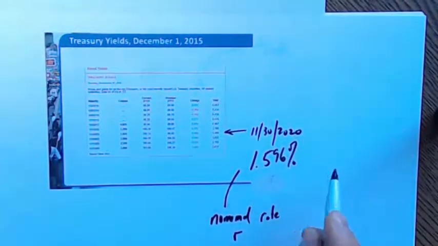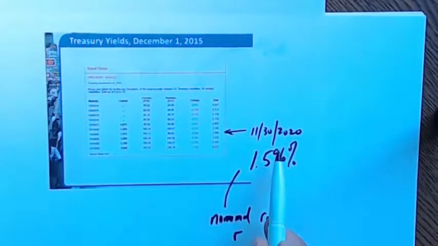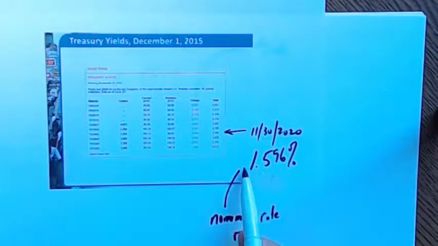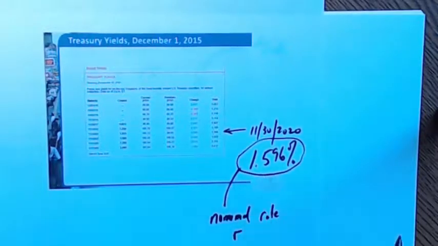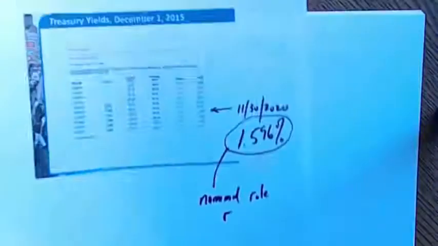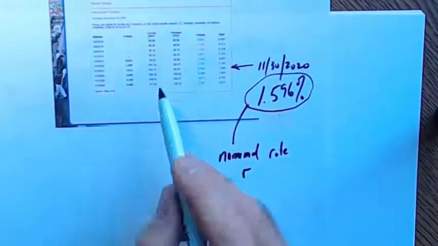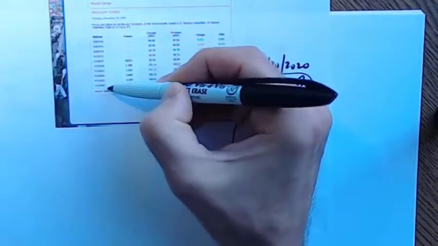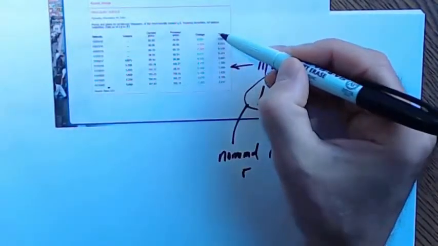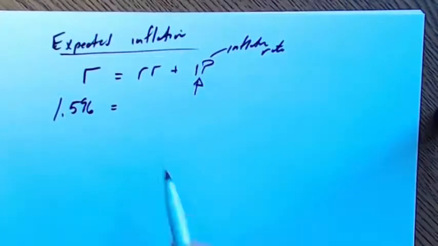Okay, it's approximately 5 years from now. The interest rate on a 5-year Treasury is about 1.6%. Okay, that's this number, 1.596. That is the Treasury yield, and this is basically the data underlying the yield curve. So you have maturity here, and then you have the yield here. Okay, so we got that number.